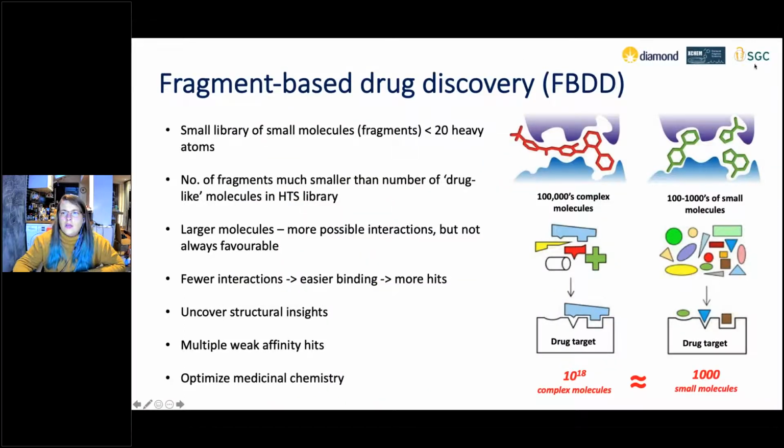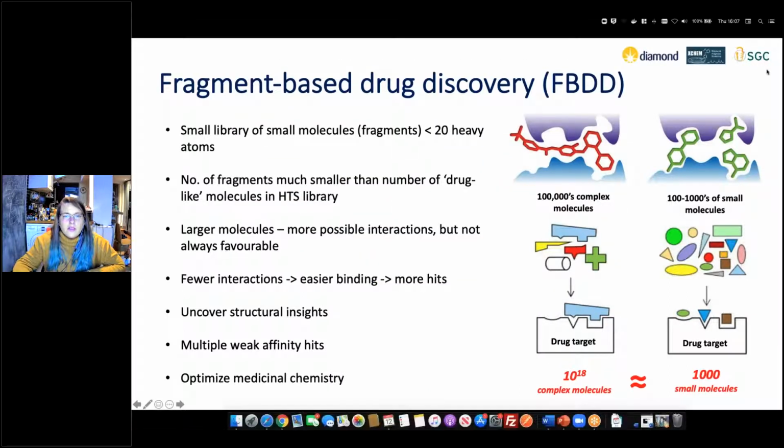So in fragment-based drug discovery, we're using small molecules that are generally less than 20 heavy atoms. If you think about your traditional screening libraries in high throughput methods, not necessarily crystallography, you're looking at much bigger molecules that are considered more drug-like.